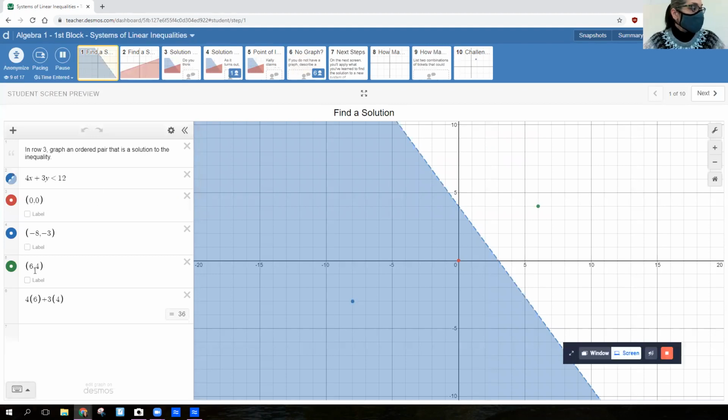So remember when I had that point (6, 4), and I was trying to prove that it was not an answer? What you do is you plug in the X value for X in the equation, and you plug the Y value of the point in for Y and see if it gives you a true expression.